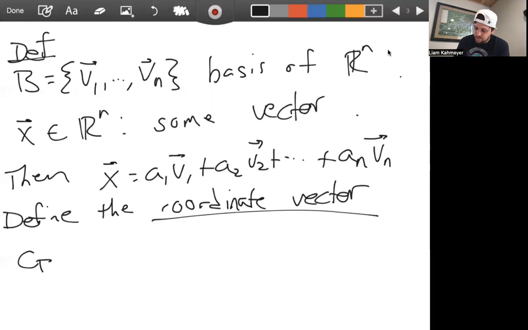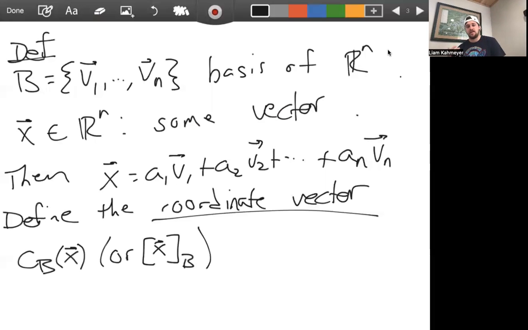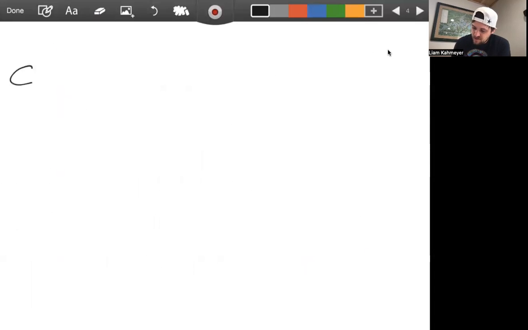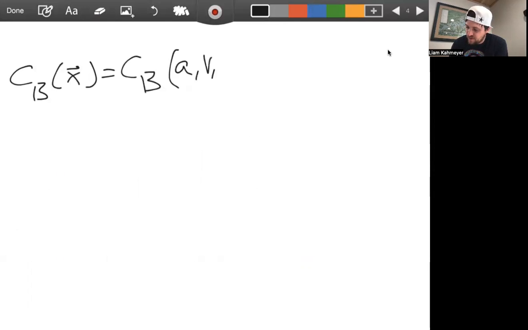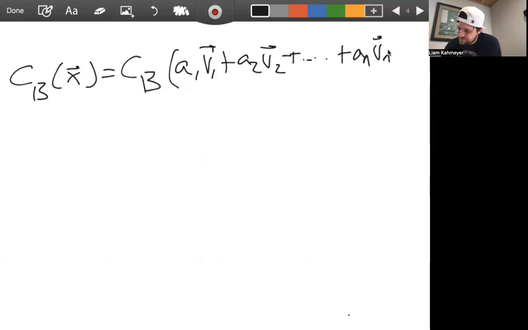And we write C_B of X, or X sub B, right? We're just saying with respect to what basis. And this is described as C_B of X, which is C_B of a1 v1 plus a2 v2 plus et cetera, plus an vn.